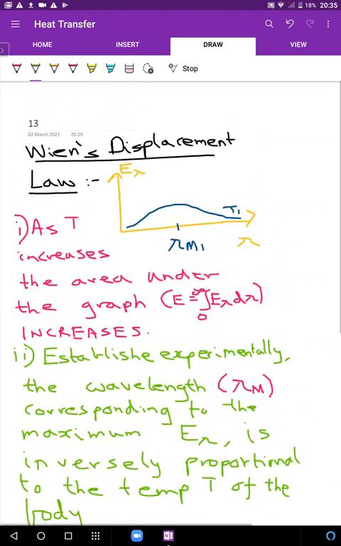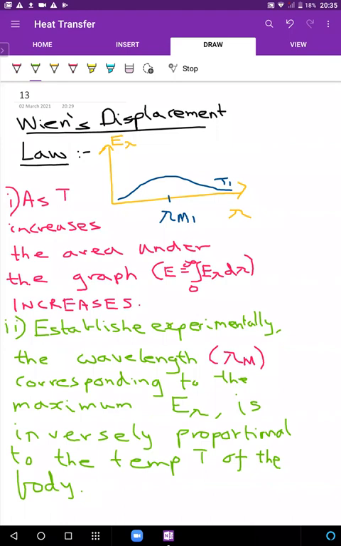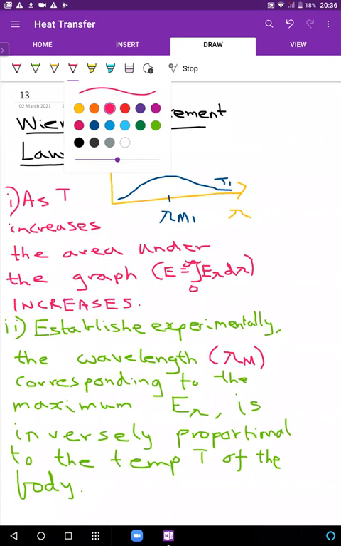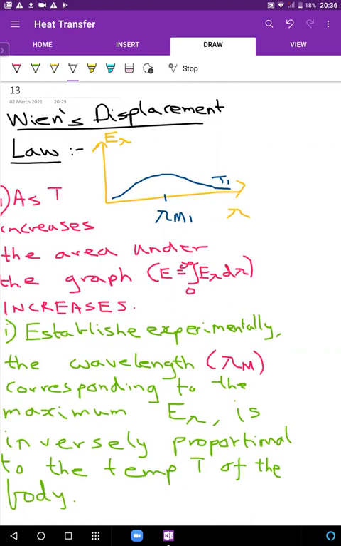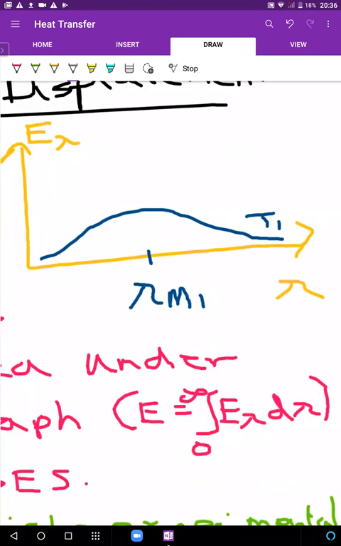All right. So what he's saying is, if you increase the temperature, how is this graph going to look? At a higher temperature, let me just first zoom in to the graph and then I'll come back. So at a higher temperature, the graph is going to look like this. Two things happen. First and foremost, the area increases.